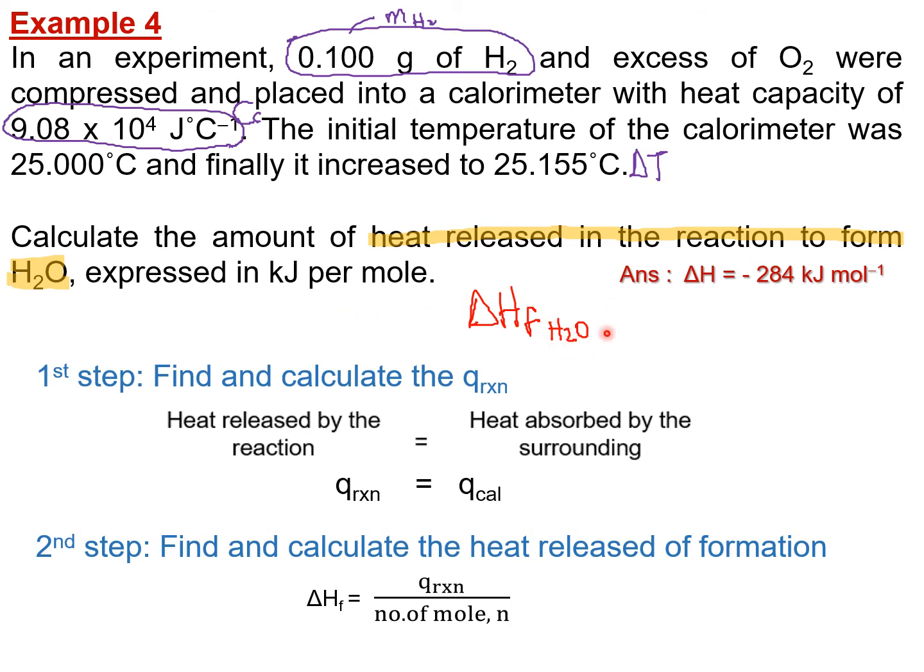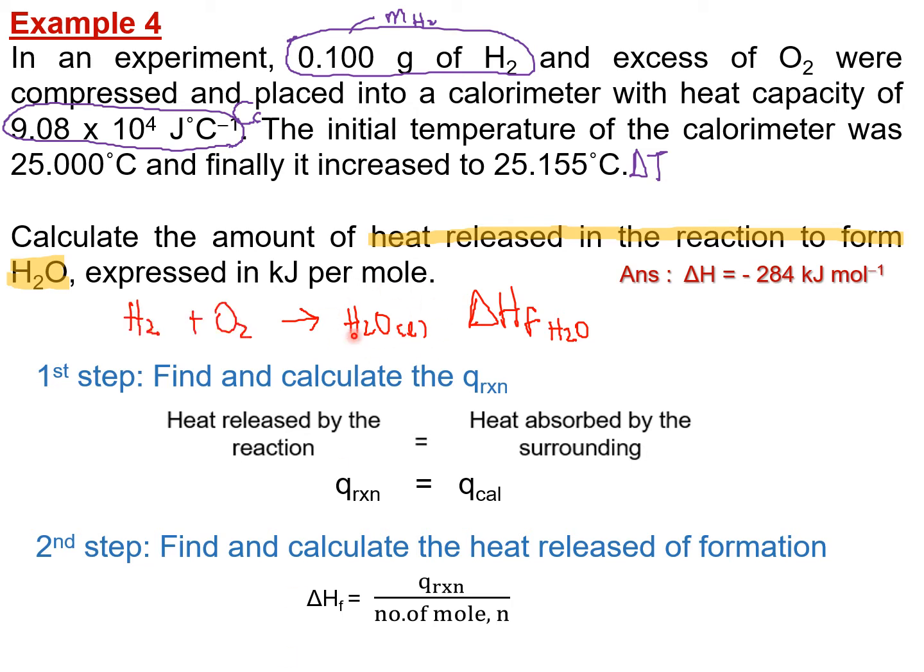So kerana H2O ni kena berada di bahagian produk. So when 1 mole of H2O is formed from its element, kan? So element ada dua kat sini, H dan juga O. So you ada hydrogen plus oxygen.